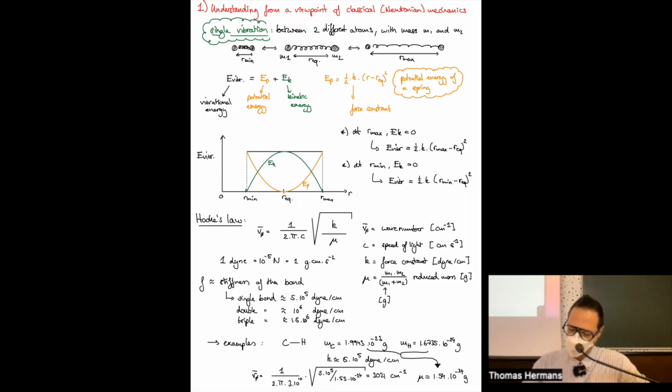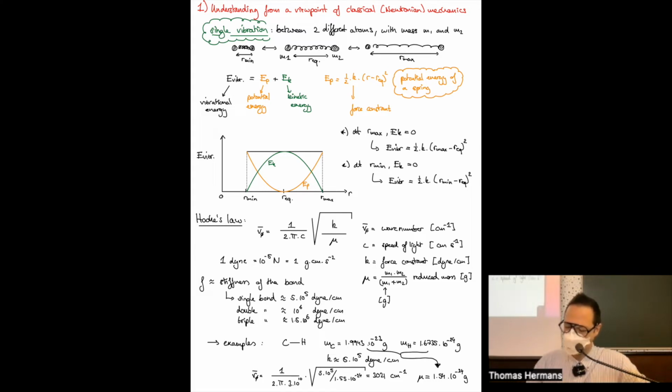So nu bar naught is the wave number in centimeters minus 1. C is the speed of light, but pay attention because the units are centimeter per second.